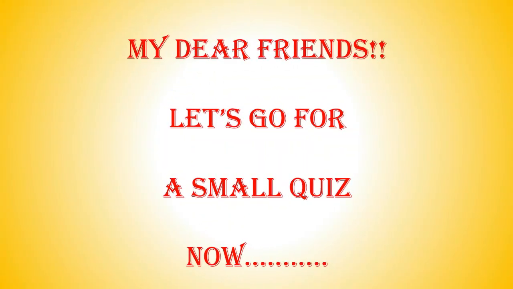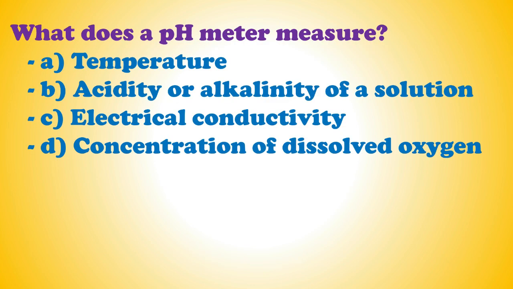My dear friends, let's go for a small quiz now. First one, what does a pH meter measure? Temperature, or acidity or alkalinity of a solution, or electrical conductivity, or concentration of dissolved oxygen?